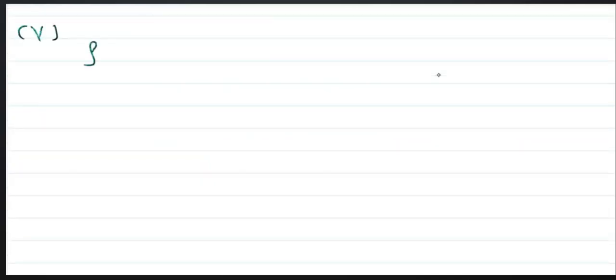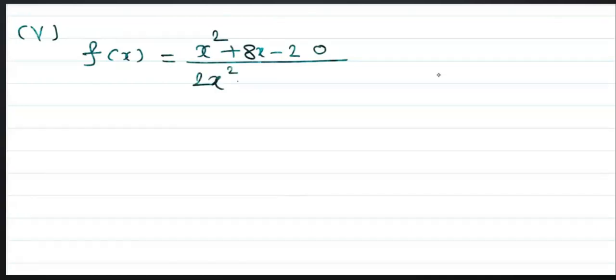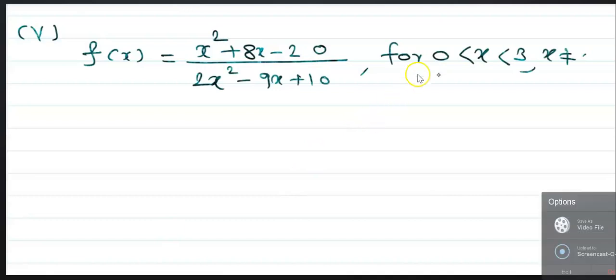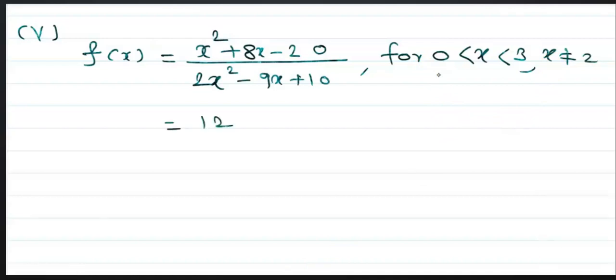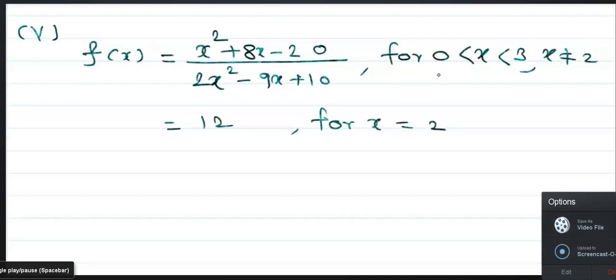Next problem, f of x is equal to x square plus 8x minus 20 upon 2x square minus 9x plus 10, for x lies between 0 and 3 and x is not equal to 2, because if we substitute x equals 2, the denominator will be 0, and equal to 12 for x equals 2.